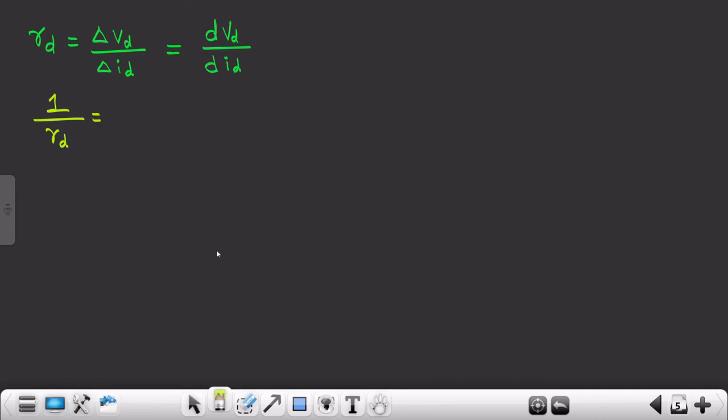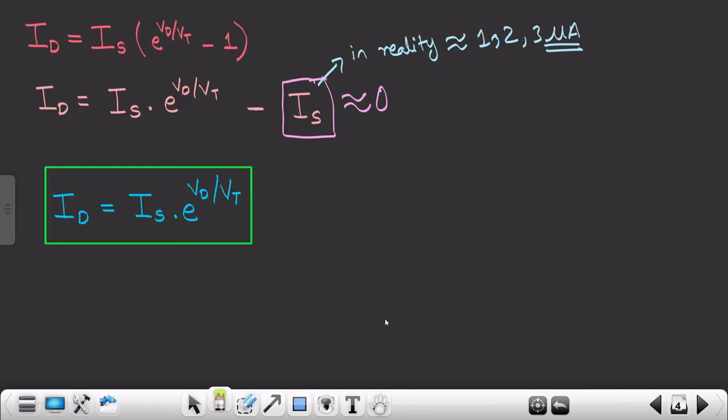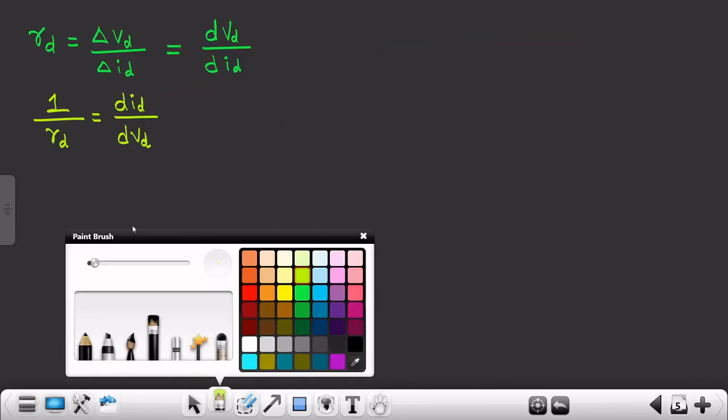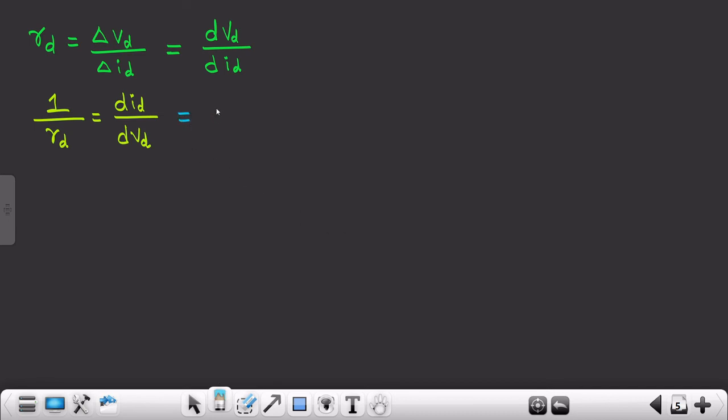1 by rd is equivalent to did by dvd. And we all know the formula for id, so now we can easily substitute this formula here. This would be equivalent to d by dvd of Is into e raised to vd by vt.